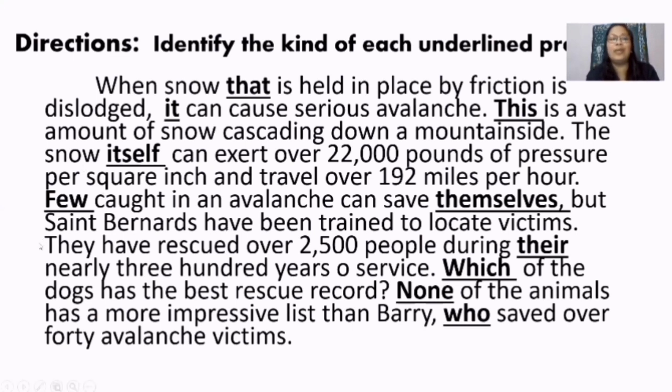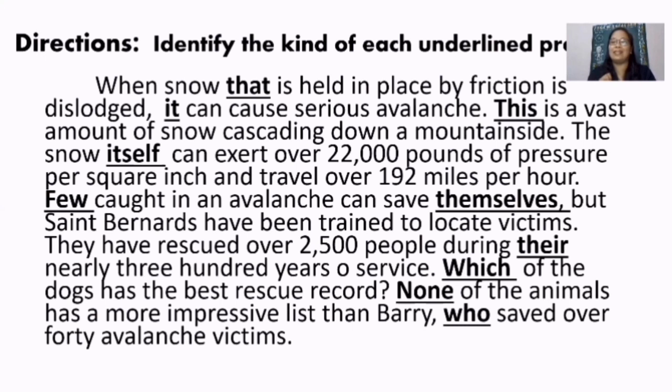Next, the snow itself can exert over 22,000 pounds of pressure per square inch and travel over 192 miles per hour. Let us have the pronoun itself. We have two kinds of pronouns that both end in self or selves, intensive or reflexive. So we are going to decide which of these two kinds of pronoun the word itself is here.